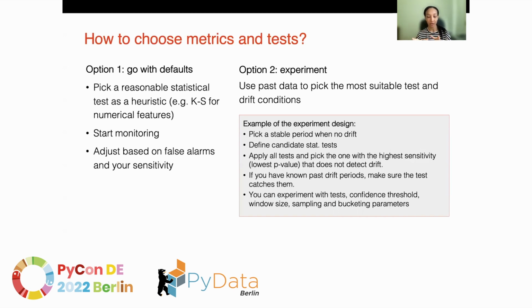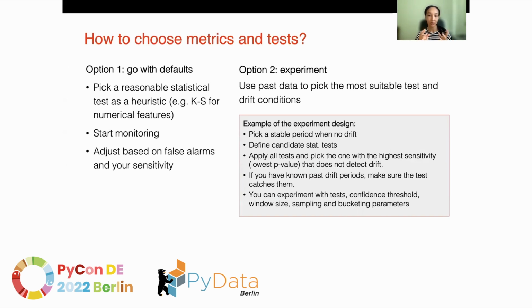The second option is a bit more complicated, but if you have some historical data and some time resources, I would go for that option. Here, the idea is to use your historical data to specify all the suitable tests and drift conditions. So what you can do here is, for example, select a moment in time where you had no drift, define the candidate tests, and apply them over that time.